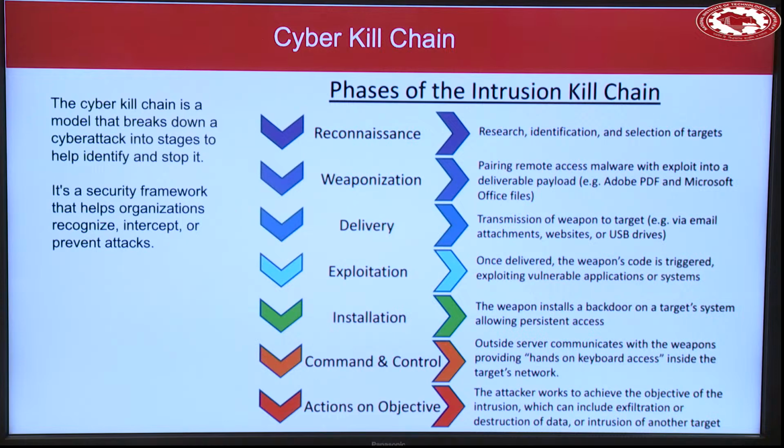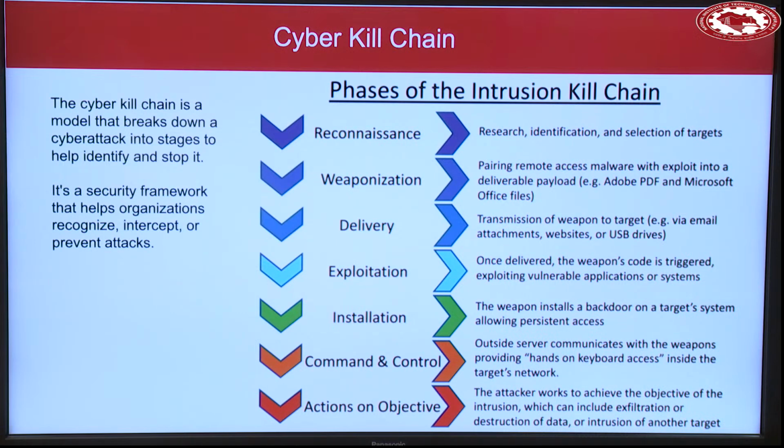Then the delivery. Since you already selected the target and have particular malware, you just deliver it to the right place. Transmission of the weapon to the target, maybe by email attachment, website, or USB drives, depending on what type of attack we are doing. Once you deliver, the next phase is exploitation.